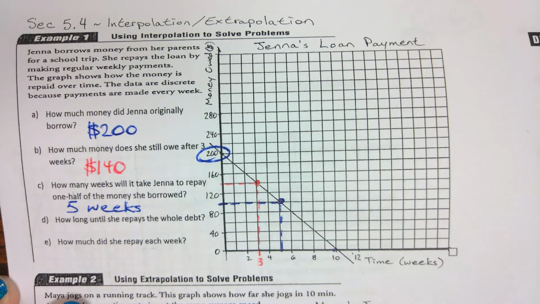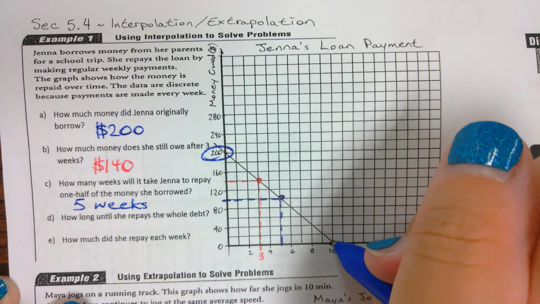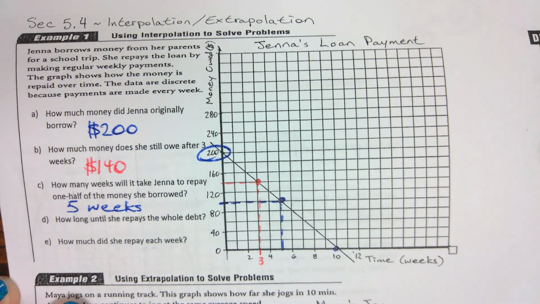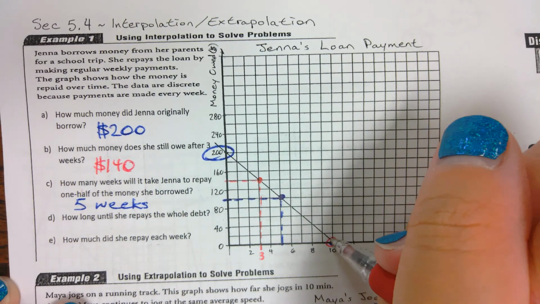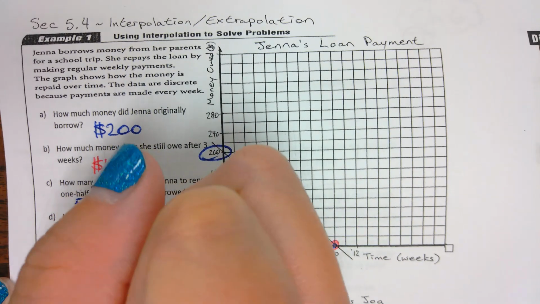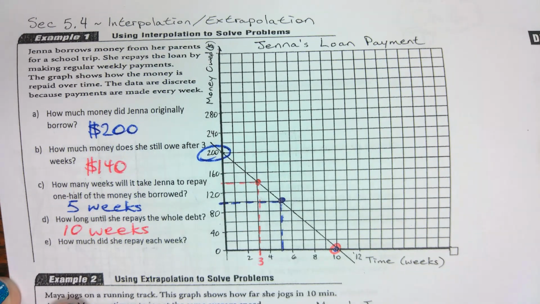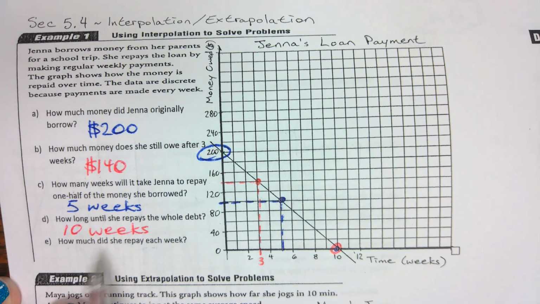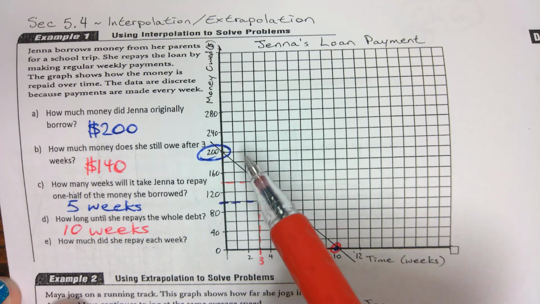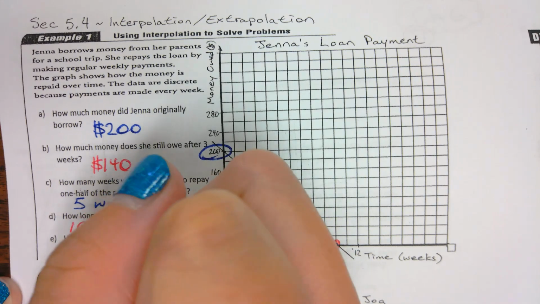This last part right here. 10 weeks. And then the last question is, how much did she repay every week then? Derek? Every week, each week. Jason? $20 per week. That's right.